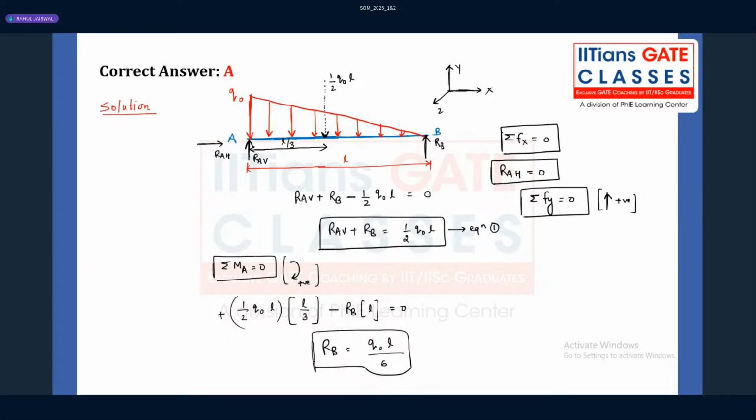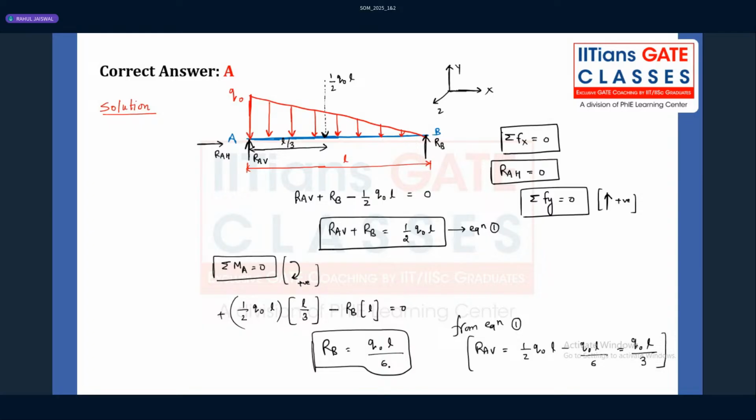Now we need to calculate RAV also, again from equation number 1. RAV will be half of Q naught into L minus RB. RB is Q naught into L upon 6, which gives Q naught into L upon 3.